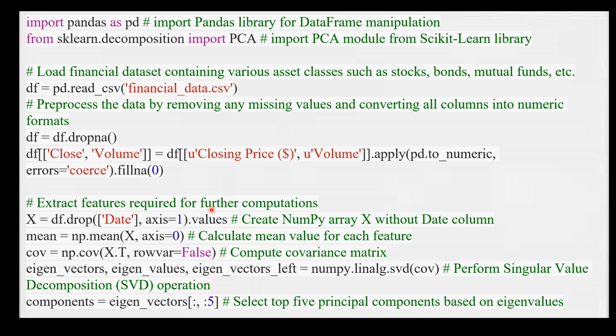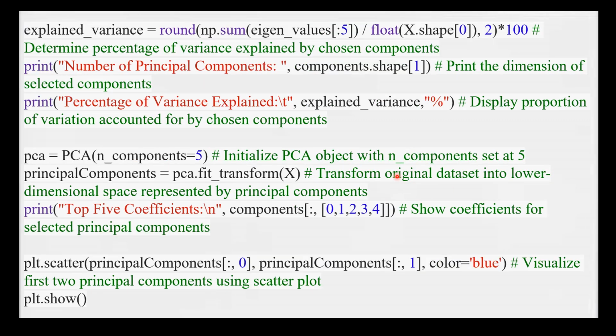And to calculate the mean and the covariance matrix, we use the mean and cov functions provided by NumPy. Then the singular value decomposition function was used to compute the eigen system associated with the covariance matrix. Then we choose the top 5 principal components based on their corresponding eigenvalues and compute the proportion of variation they explain.